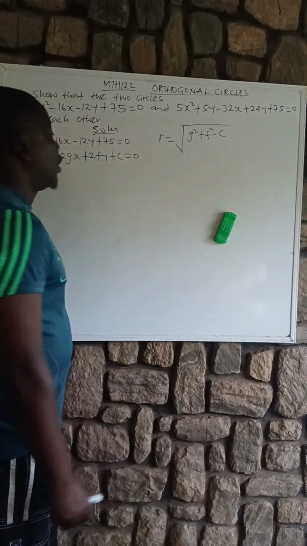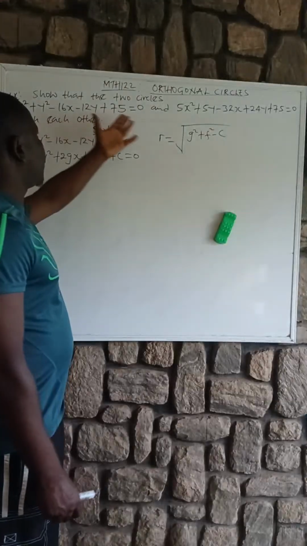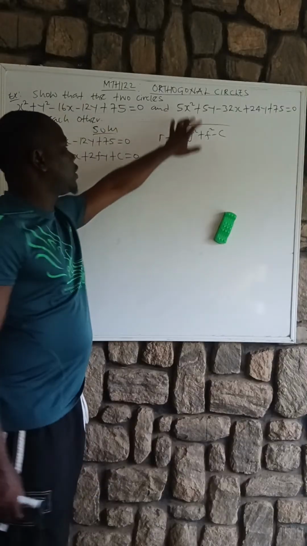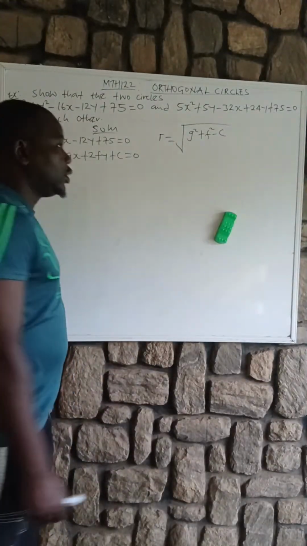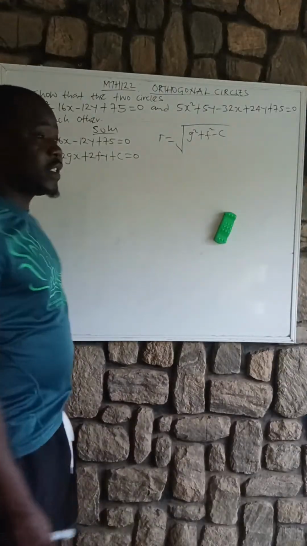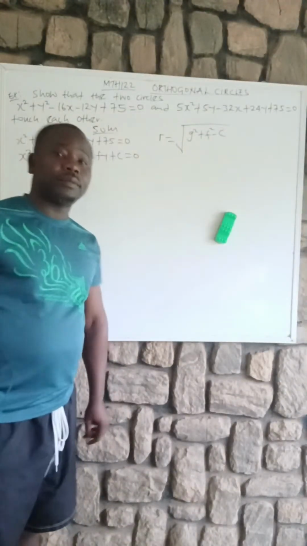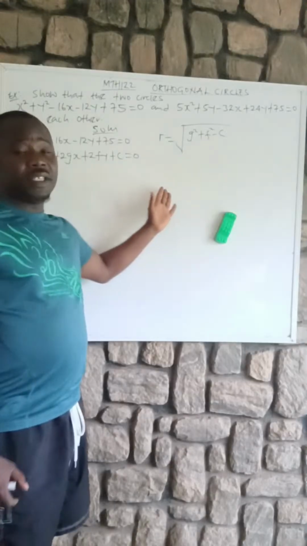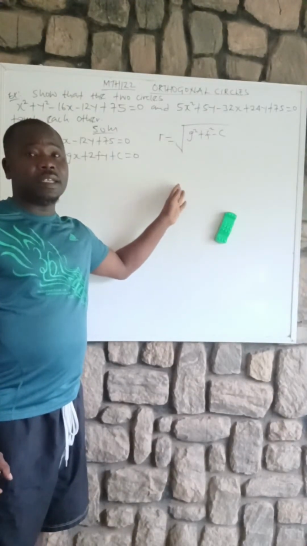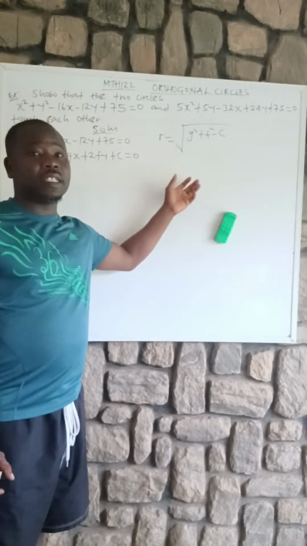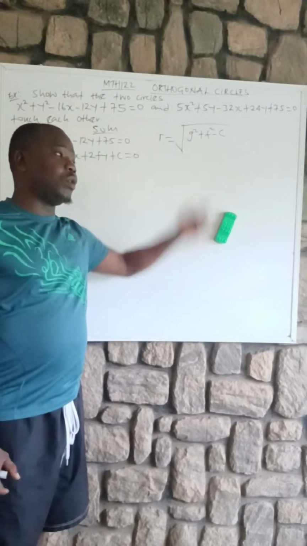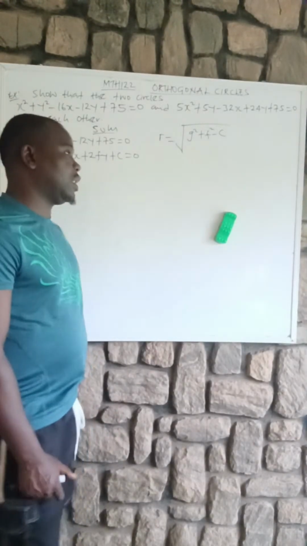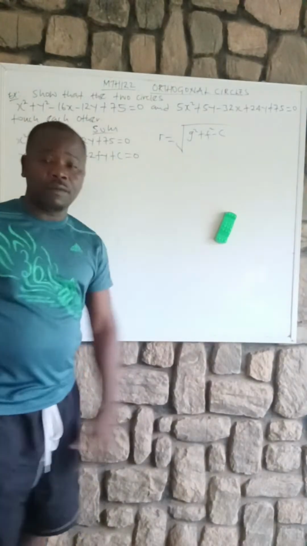Since we should show that the two circles, this and this, touch each other, what we need to do here is, since circles that touch internally or externally, one of them is talking about the sum of their two radii, then the other one is talking about the difference of their two radii.